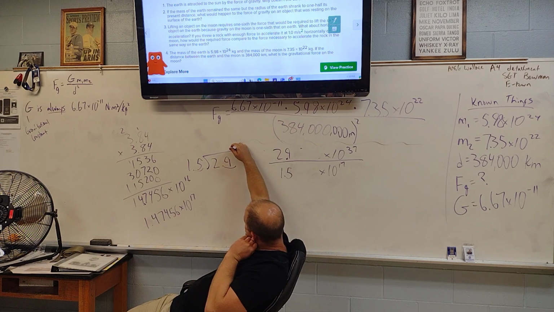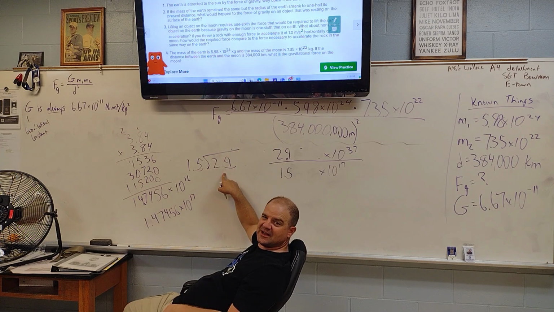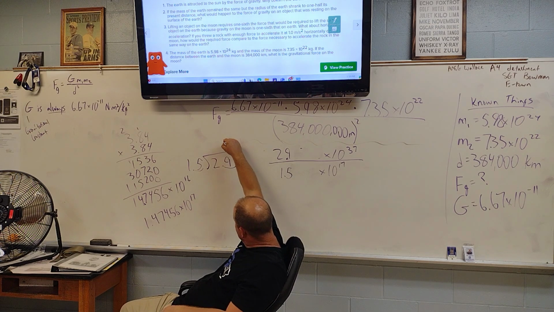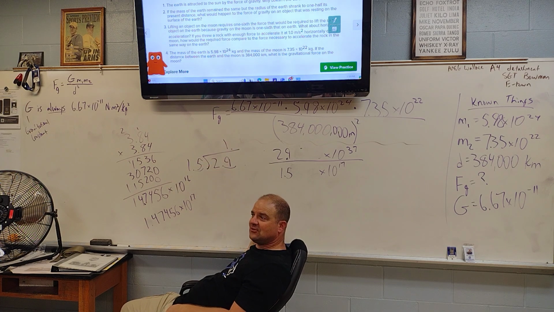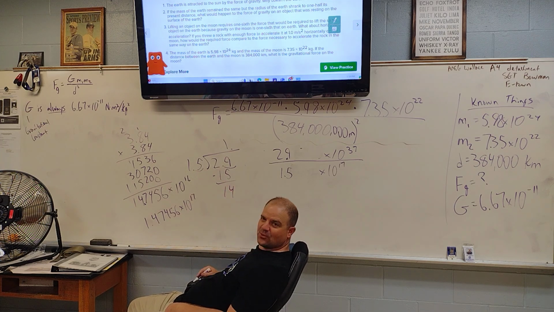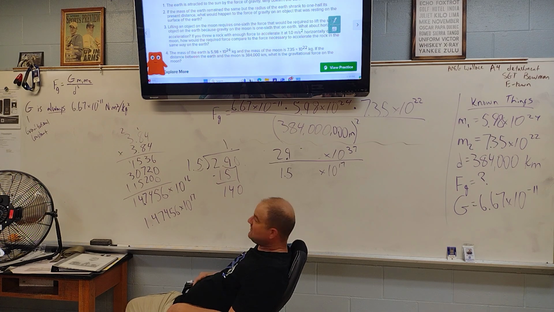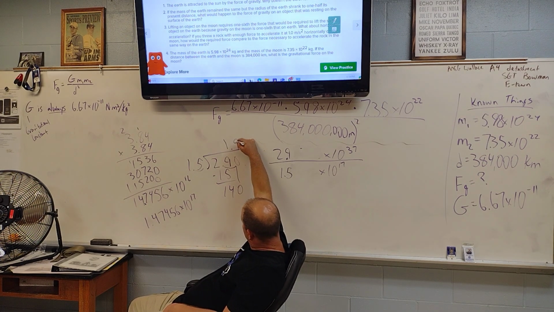All right, cool. So we're going to say, can 15 go into 29? One time. 1 times 15 is 15. What's 29 minus 15? 14. Can 15 go into 14? No. Can it go into 140? Yeah. 9 times.